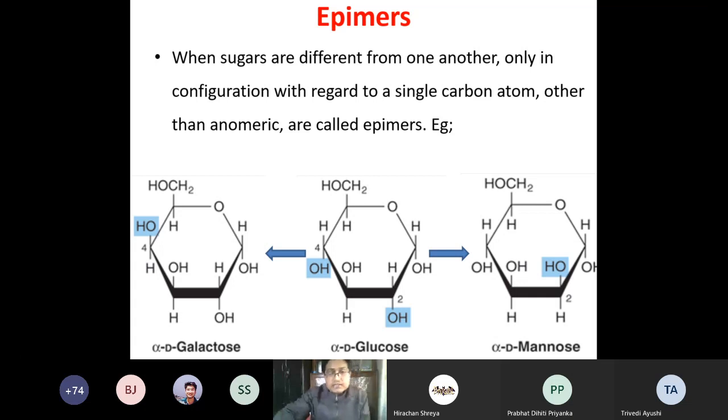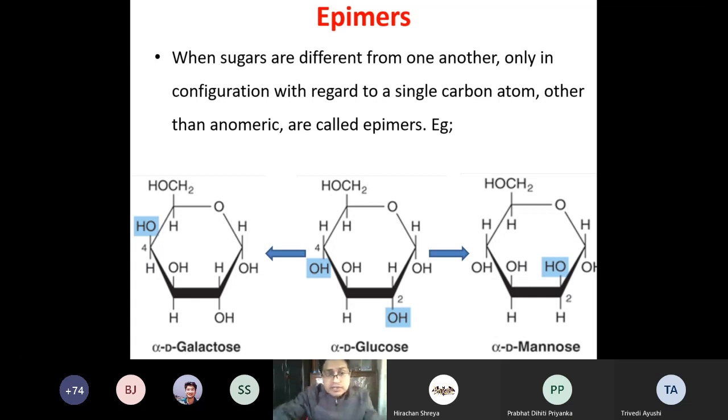Now let's see, this is the structure of glucose. As we have already discussed briefly, configuration can be written in Haworth form, Fischer projection, and for simplicity, Haworth form also with making all the lines equal.